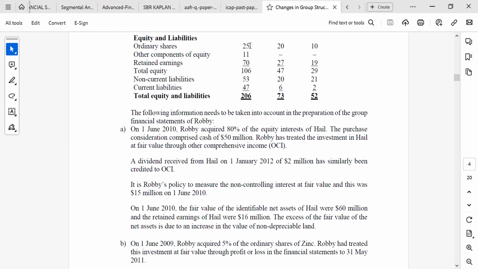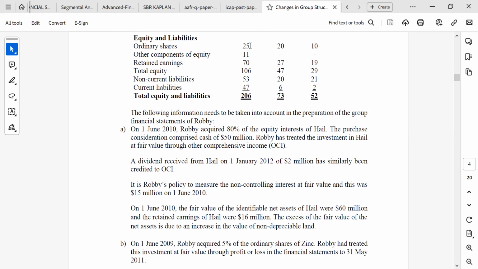The excess of the fair value of the net assets is due to an increase in the value of the non-depreciable land. All right, thank you.